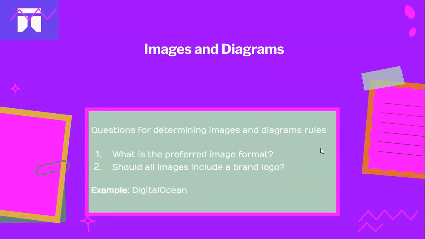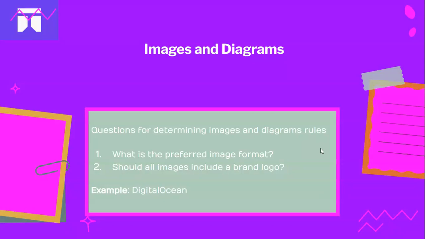Now, most times, technical writers are not in charge of images or creating images. But if you're going to handle images for your documentation, you should know how to properly represent them, right? So you're going to ask questions like, what's the preferred image format? Is it PNG? Is it JPG? Should these images include a brand logo?